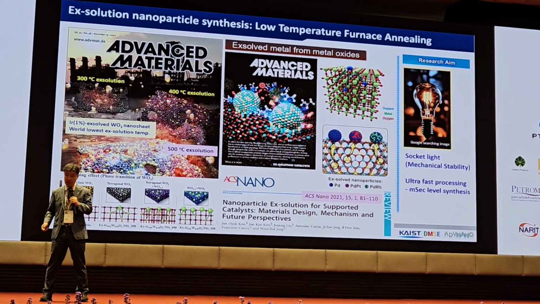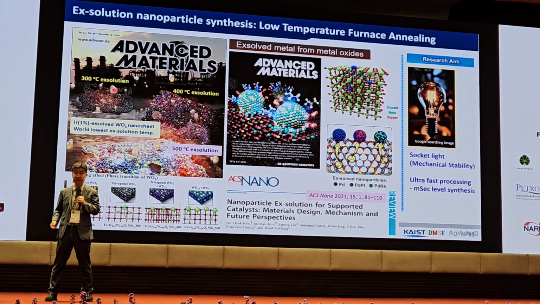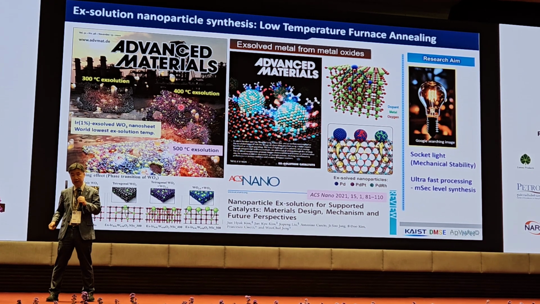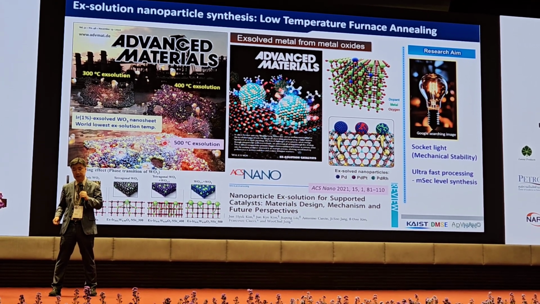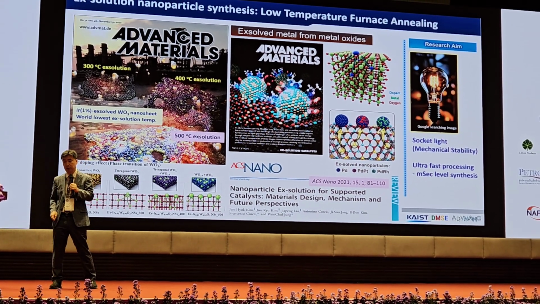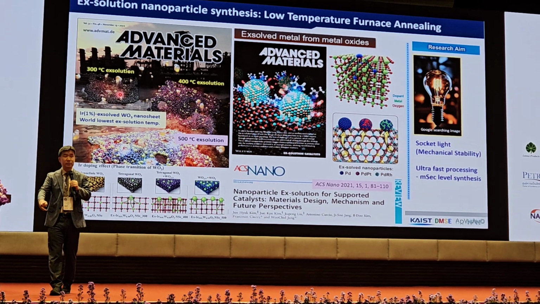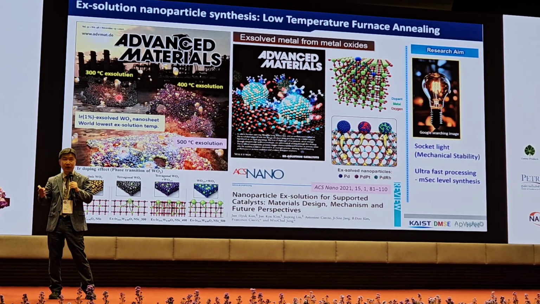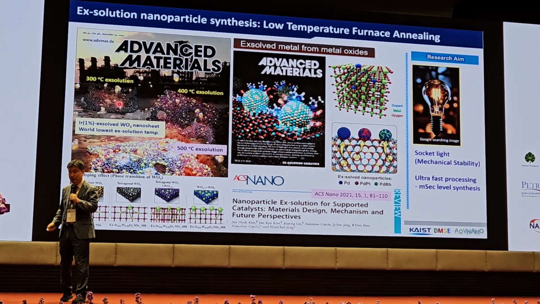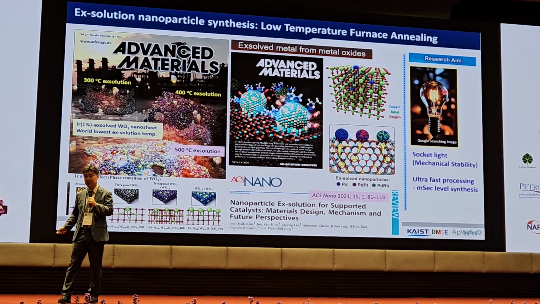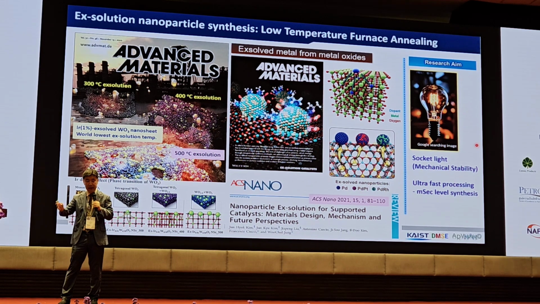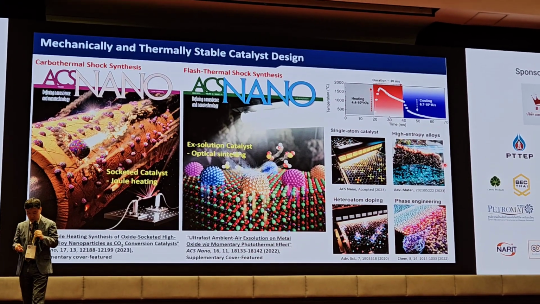For example, with iridium doped tungsten oxide, exsolution was observed at 300 degrees C. Then once we increase the annealing temperature to 400, 500, the small catalytic particles grow and become relatively larger particles. We reduced the temperature to 300 degrees C, 500 degrees C, but it is still high temperature. So that's why we are interested in mechanically stable, thermally stable catalyst design, and also ultra-fast processing using Joule heating and flash thermal shock synthesis.